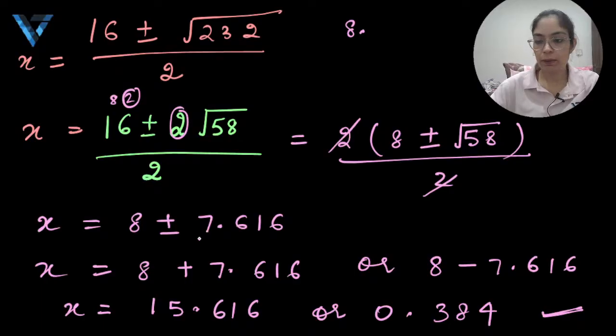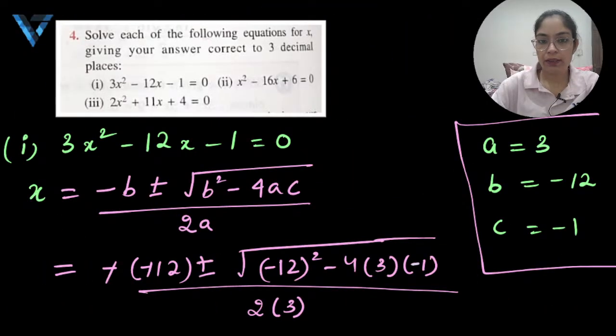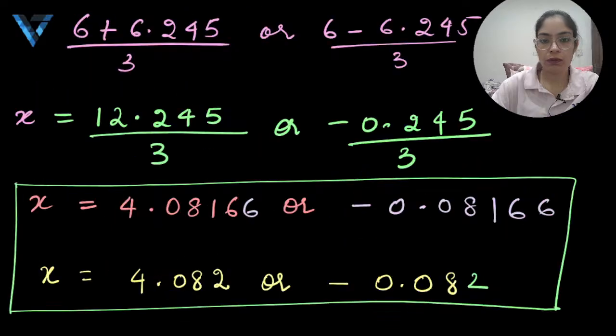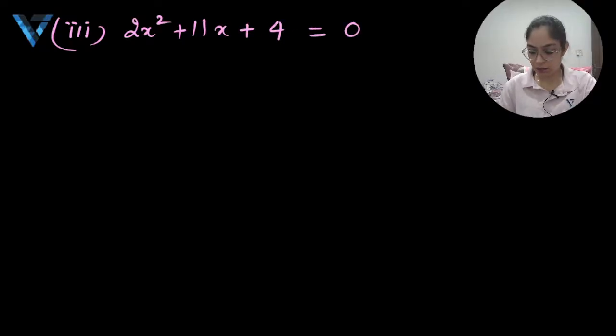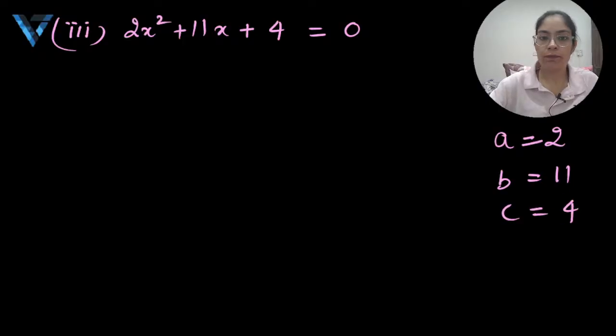Okay, let's do the next one, third part: 2x square plus 11x plus 4 is equal to 0. Let's solve it. In this one, a is equal to 2, b is equal to 11, c is equal to 4.